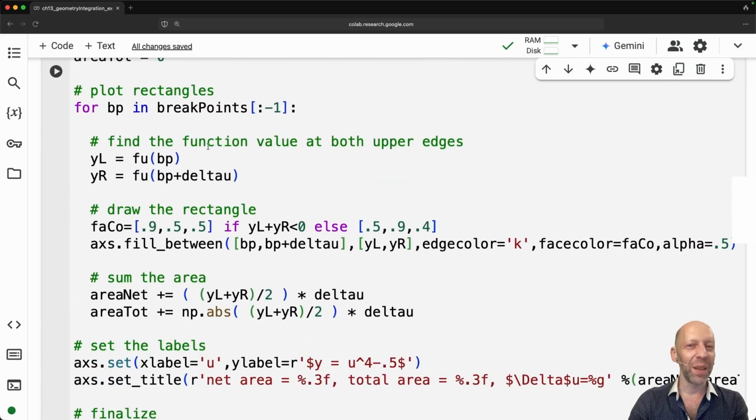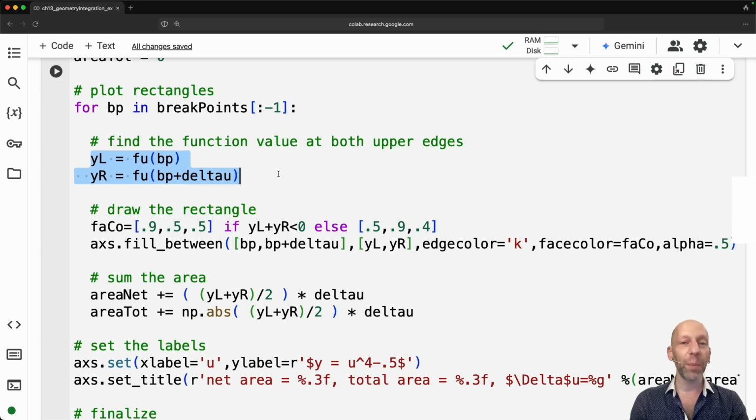Okay, let's see. Here I'm plotting the rectangles and also calculating the net and total area in the same for loop. So with the standard Riemann summation rules, like the left rule, the right rule, and the mid rule, you only need to know the function value at one point, right? That's either the left point or the midpoint or the right point.